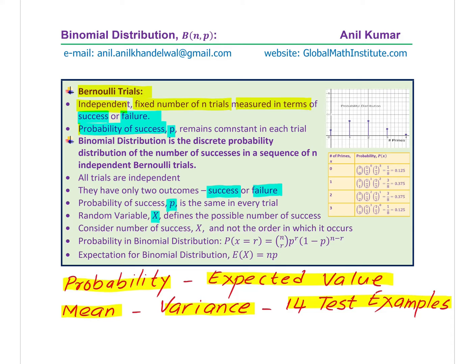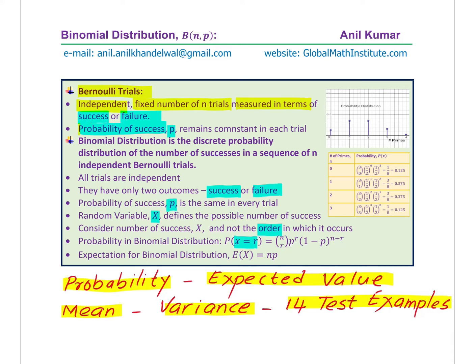We look at how many times any one of those values occurs, so X equals r. Consider now the number of successes X and not the order in which it occurs. This is very important: order is not important. In our experiment with n trials, we are only looking for the number of successes, not the sequence of successes.